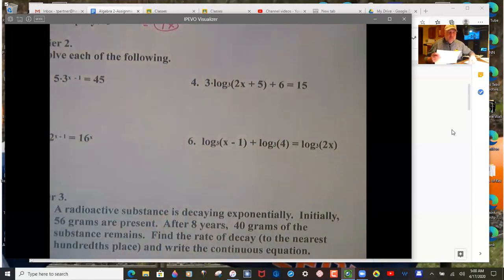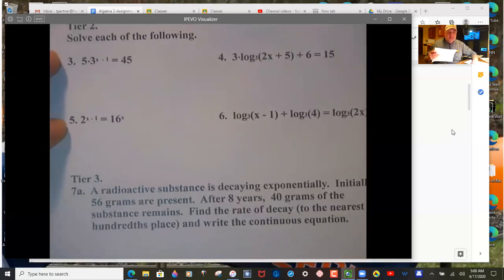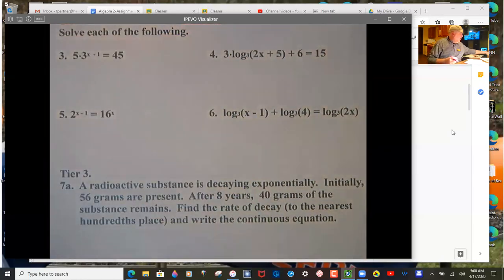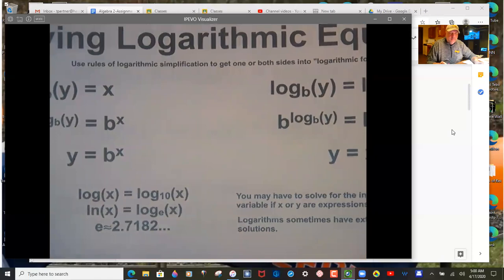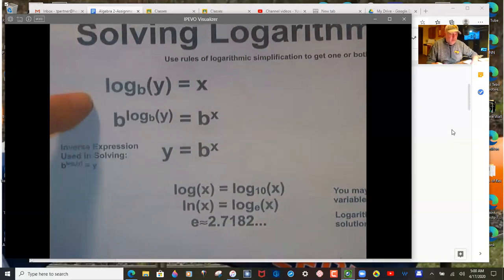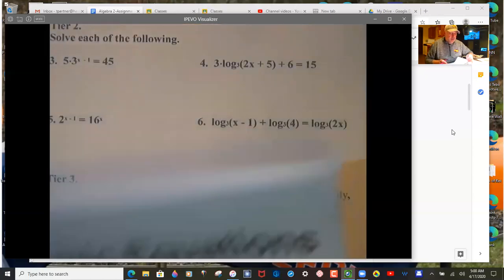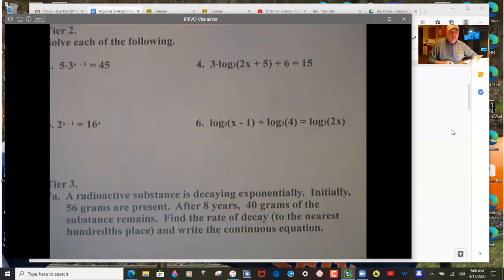That's what we have to do in these 2 problems. Okay, and then over here, we've got to get the logarithm in the situation so that it's ready to solve. That's just my next page here. Okay, so we got to get the logarithm set up here or here to be ready to go.